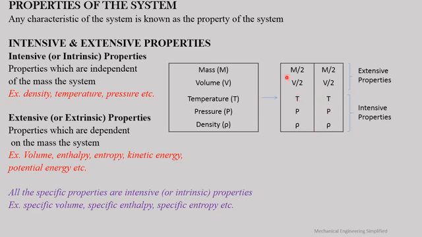So the properties which reduce on partitioning of the system are known as mass dependent properties or extensive properties. On the other hand, the properties which remain the same even after the partition are known as mass independent properties or intensive properties. I hope this concept is very clear to you.